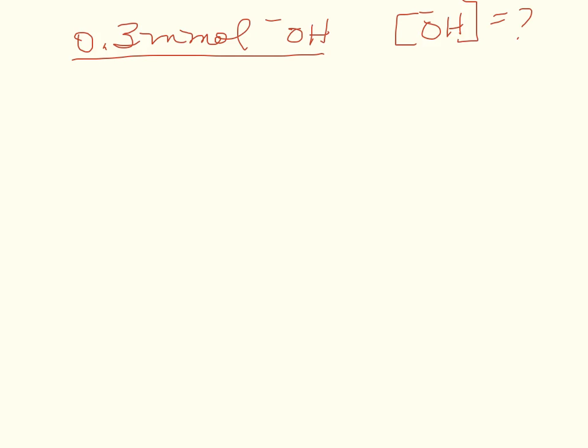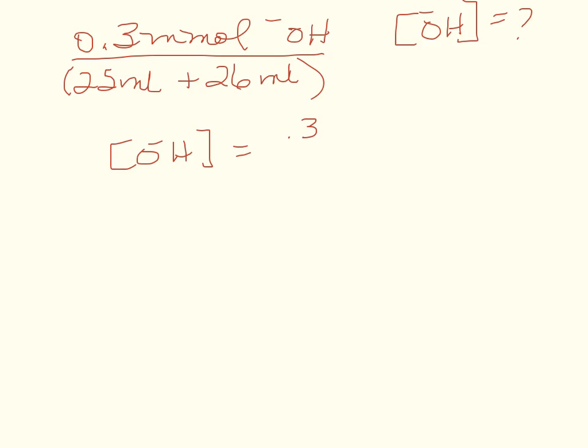What is the total volume at this point? Well, again, we started with 25 milliliters of the original acid, and we've added 26 milliliters of the sodium hydroxide solution. So the concentration of OH at this point, past the equivalence point, okay, is 0.3 millimoles divided by 51 milliliters.